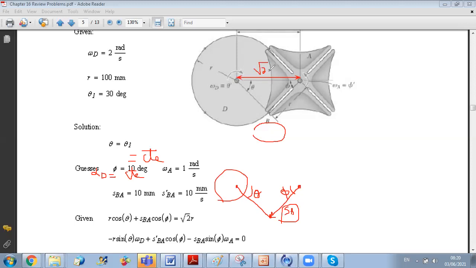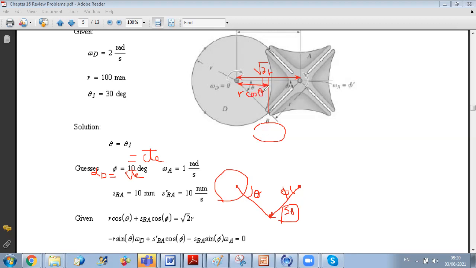So I can say that this distance can be decomposed into two parts, because if I project the position of B on this horizontal line, it can be divided into two parts. The first part is r cosine theta.